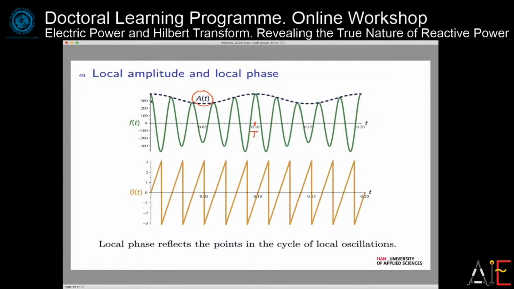So locally, apparently there are oscillations, and that's indeed true because I have one oscillation of the fundamental frequency, and I have another oscillation imposed on that of a lower frequency, a modulated signal on top of it, right? And that's reflected in this local phase.